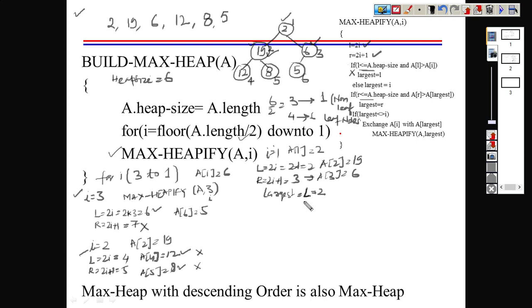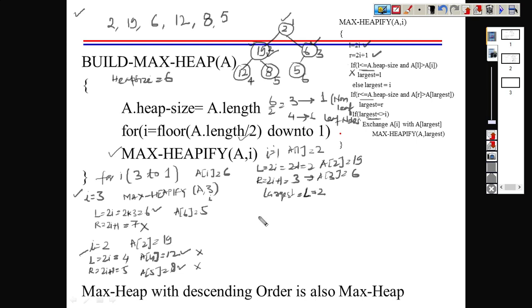The index largest is 2, so the value stored here is 19. So this condition is not satisfied and you will exit from here. Then you will check if largest is not equal to i. Yes, we have seen that largest is no more i, but has changed to L. That means we have found that one of the children has a greater value than the parent. In that case, we have to exchange.